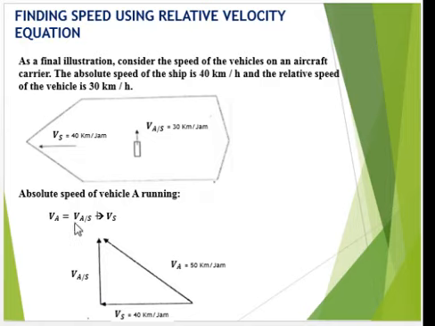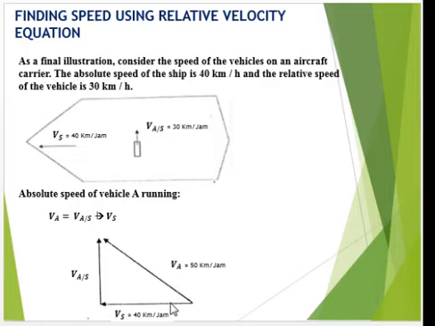We can do the illustration for the absolute speed of the vehicle running. VA equals VA relative to ship plus VS, the velocity of the ship. And we can draw the line same as our direction. For the vehicle or aircraft relative speed, we can use the line in the upper direction, or y-axis direction.